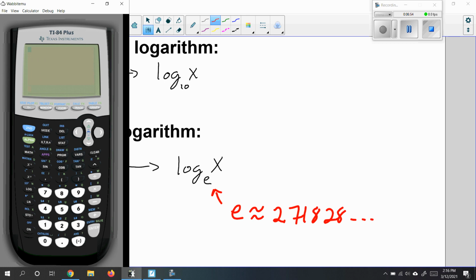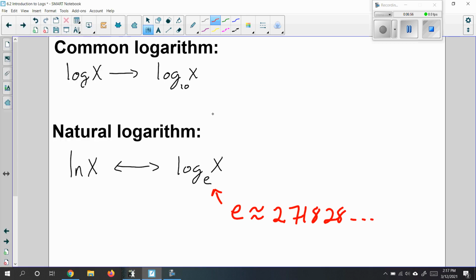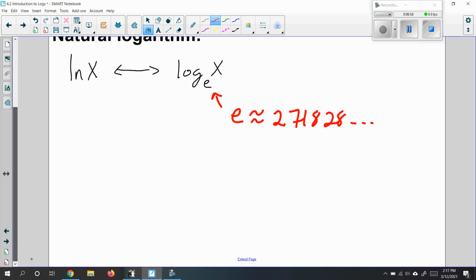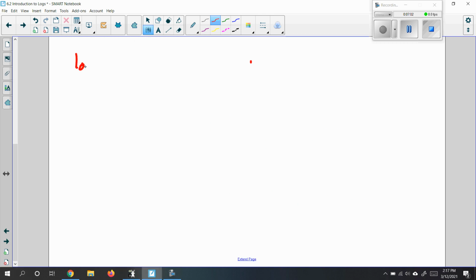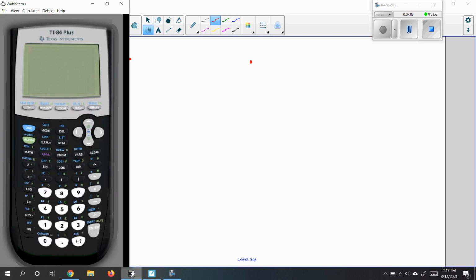If you want to use a log of any arbitrary base in your calculator, so for example, if you wanted to evaluate log base 3 of 9, you would press the math key and scroll down towards the bottom until you see the button log base. So log base allows you to put any base in the calculator.